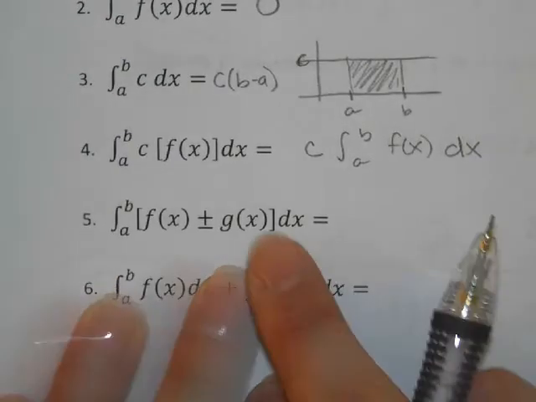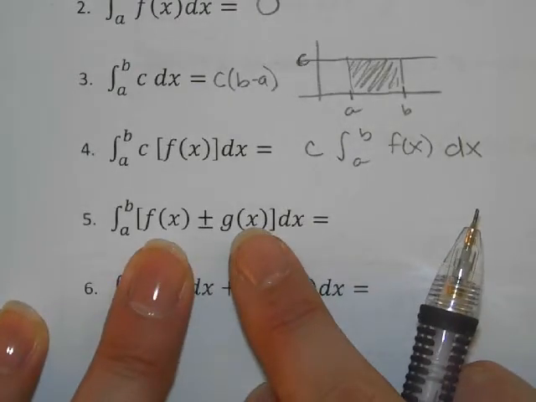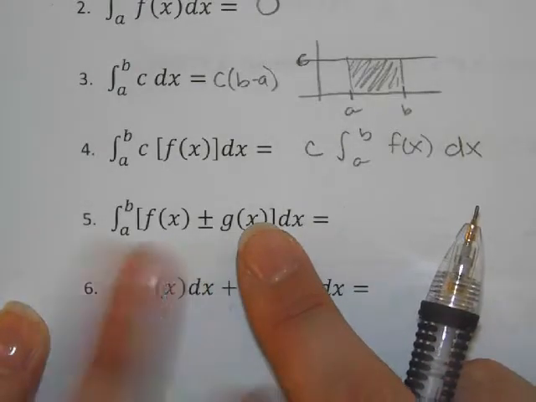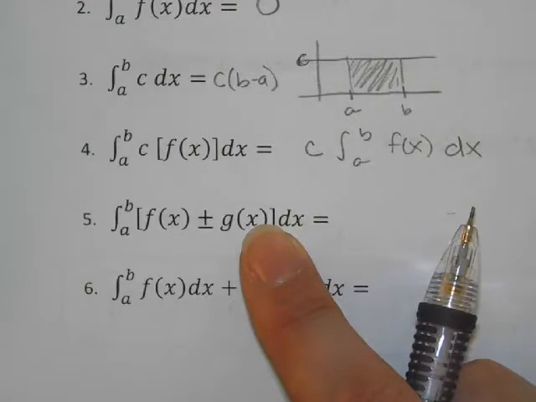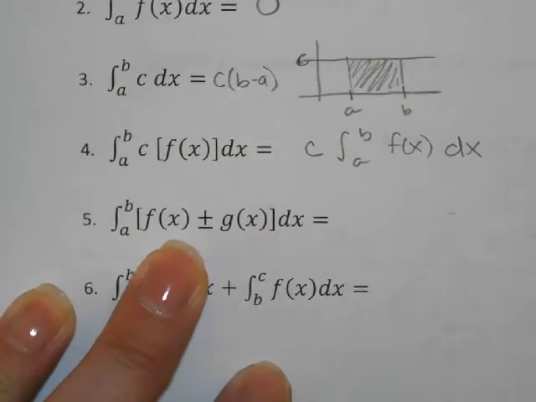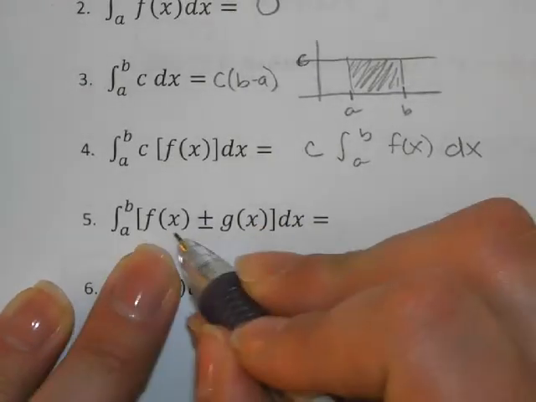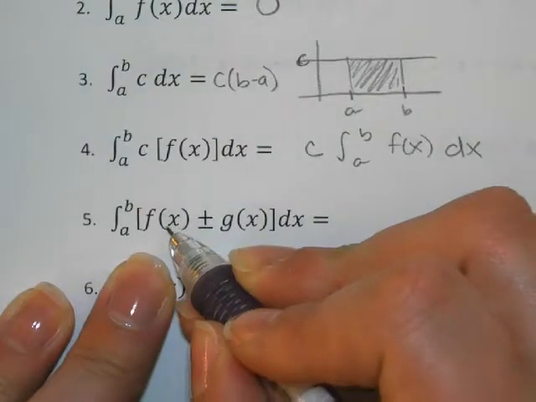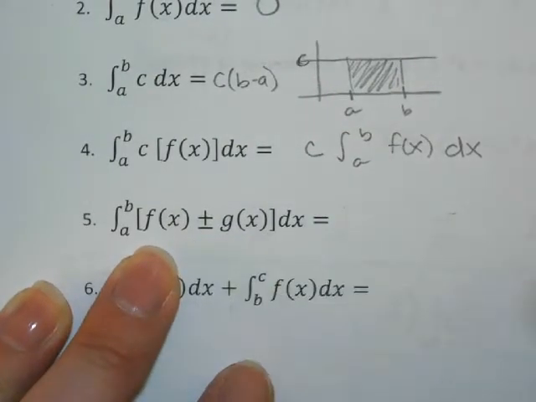The next one says, what if you have two different functions that you're adding together? Really, we're going to think of this as a function that has multiple terms. You have one term plus another term, and that's what makes up your function. If that's the case, you can integrate them separately. You can find the integral of f of x first, find the integral of g of x, and then just add them together.